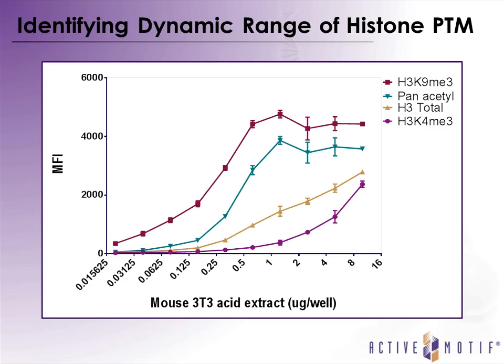So specifically, if you are interested in measuring changes in trimethyllysine 9 or pan-acetyl on histone H3, you would want to use lysates in the range of 200 to 500 nanograms per well. By contrast, if you were interested in looking at trimethyllysine 4, you would need to increase the input lysate amount.